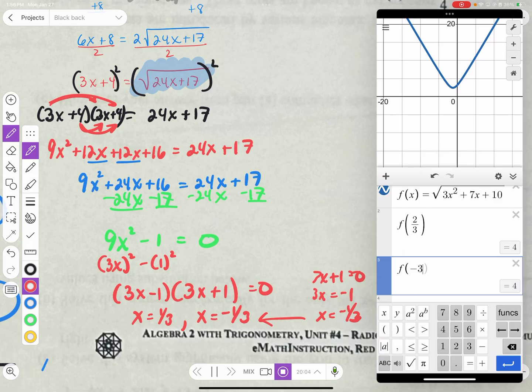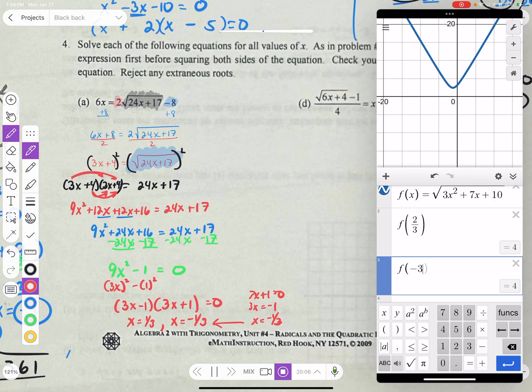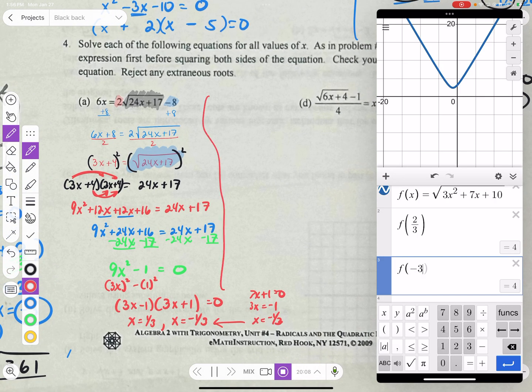Okay, now we got to check them again. Gosh darn it, way up here. I'll try and be a little more official with this check so you make sure you understand. 6 times, what am I checking? I'll check the 1/3. Just putting a 1/3 in there for x every time I see it. 1/3 of 6 is 2.